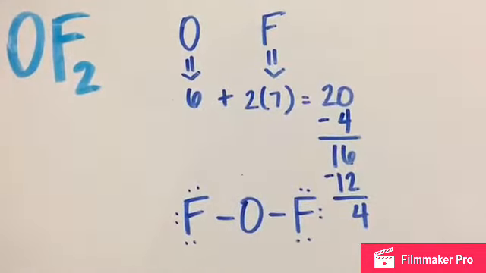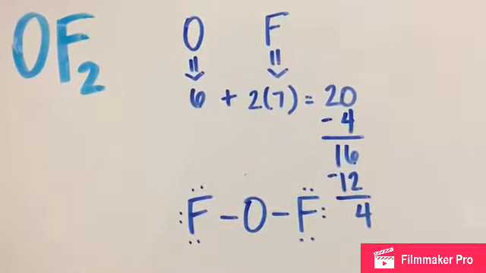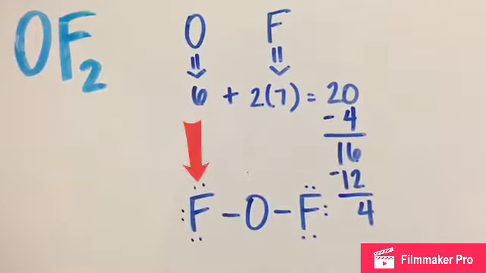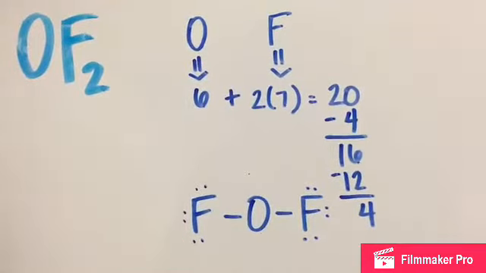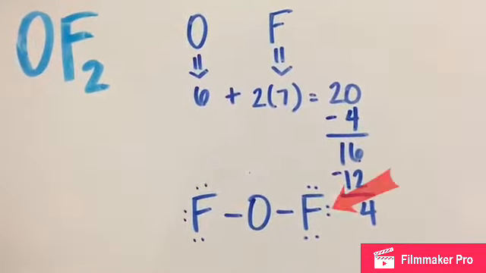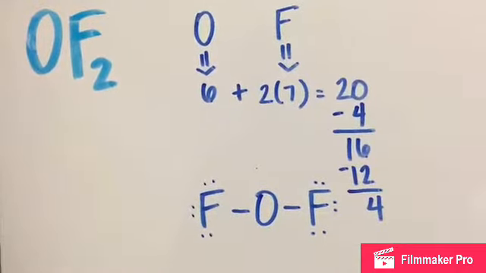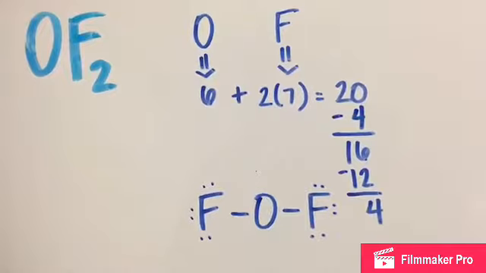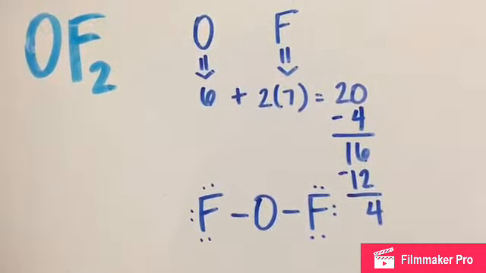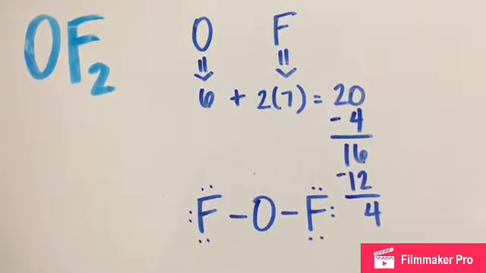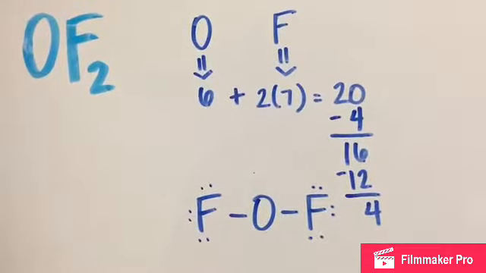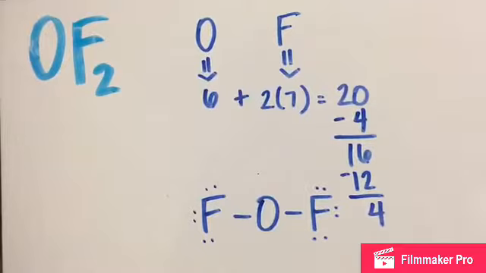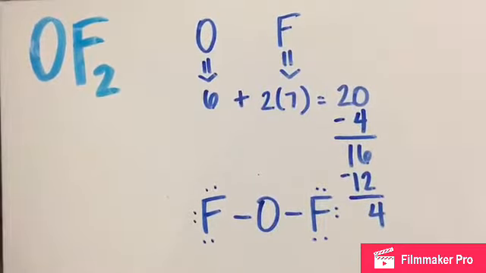Now let's count how many electrons we used on the outside atoms. We use 2, 4, 6, 8, 10, 12 electrons. We subtract this from our remaining 16 electrons, and that leaves us with 4 electrons. Now we will use those to place on the central atom to give it its full octet.